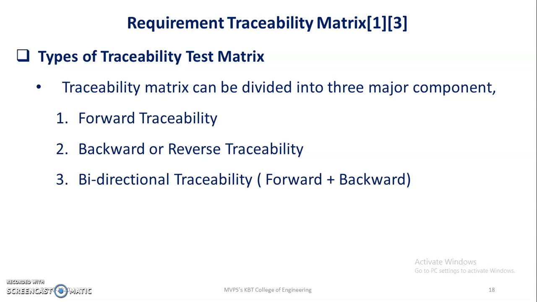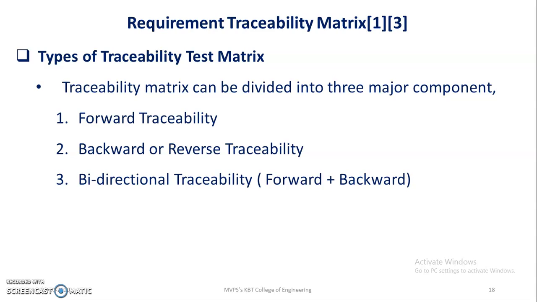So basically the bidirectional traceability matrix is used to analyze the impact of changes in requirements. Okay, so these are the three types of traceability matrix: forward, backward or reverse, and bidirectional.